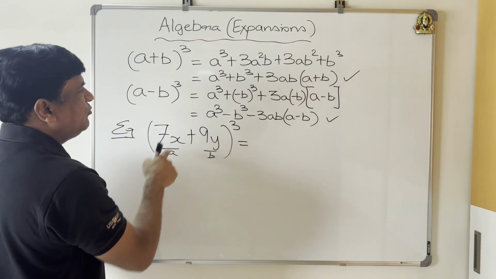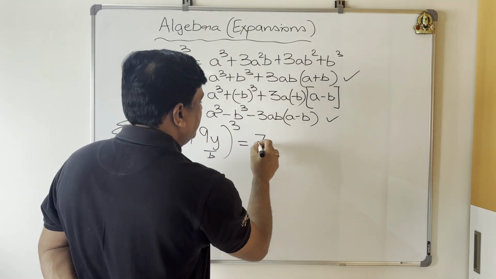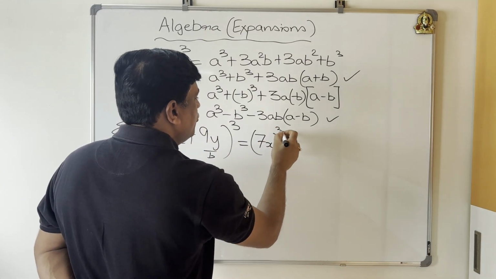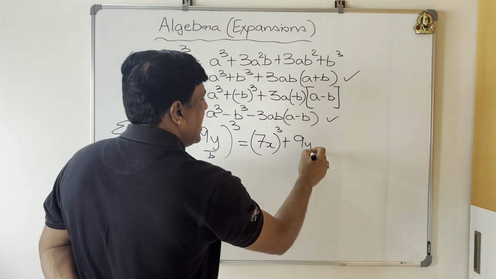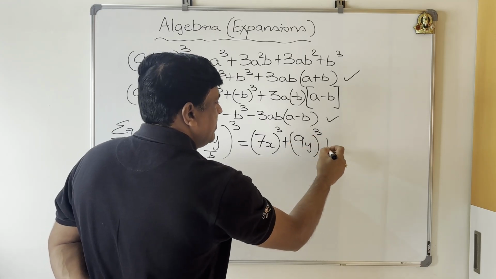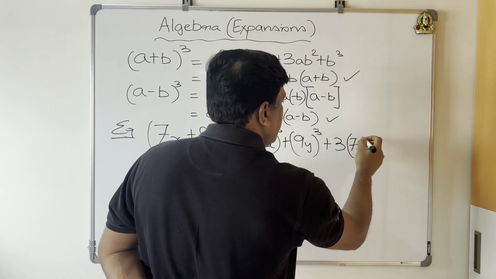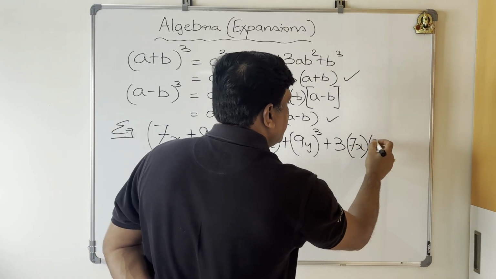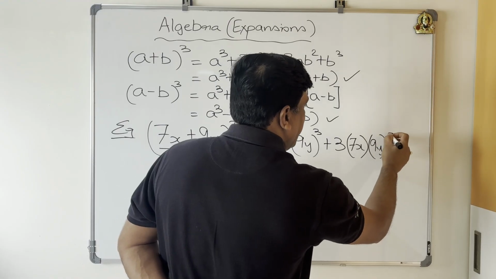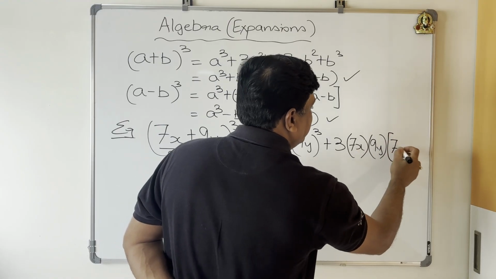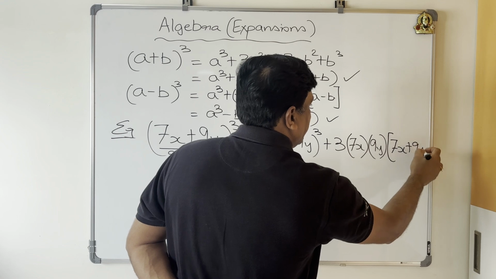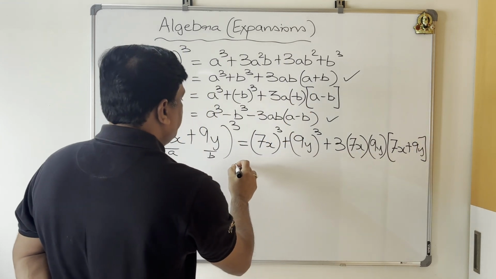Can you just replace those values over here? So just put it like this: 7x whole cube plus 9y whole cube plus 3 times a, which is 7x, times b, which is 9y, and in the bracket it is 7x plus 9y. Okay, so just open up now.